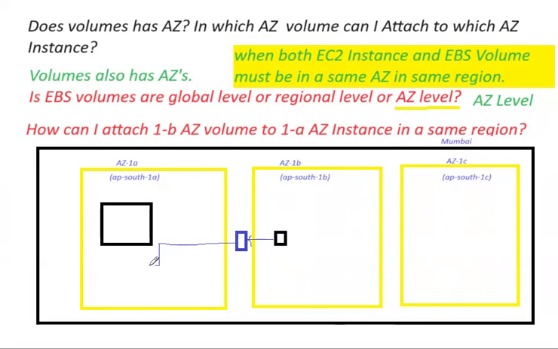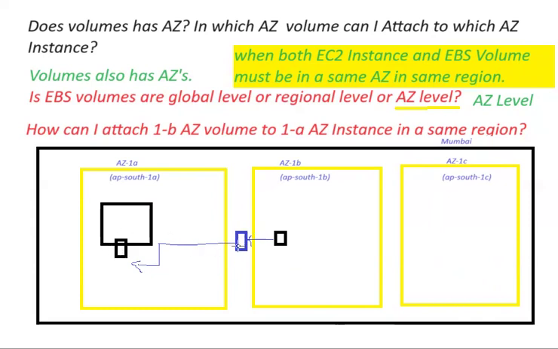You just go to the 1A availability zone, open the snapshots, and there you find the snapshot. From this snapshot you can create the volumes.